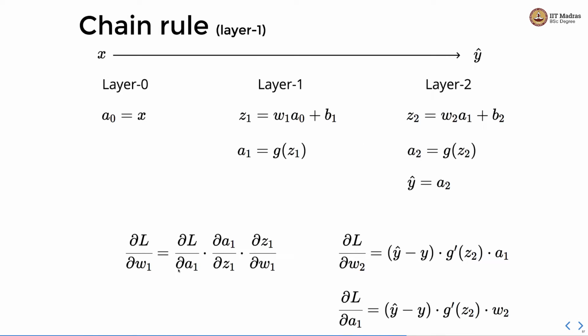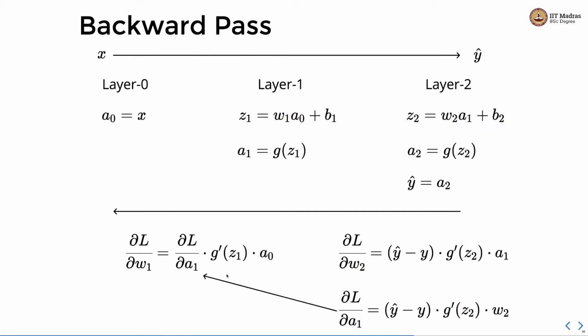The partial derivative of loss with respect to A1 is computed over here, and it turns out to be (Y hat minus Y) times g'(Z2) times W2. We substitute this value in this equation and obtain the partial derivative of loss with respect to W1, and it is this particular quantity times g'(Z1) times A0.